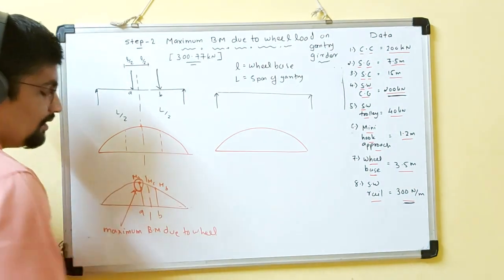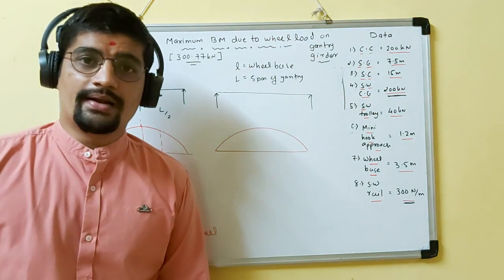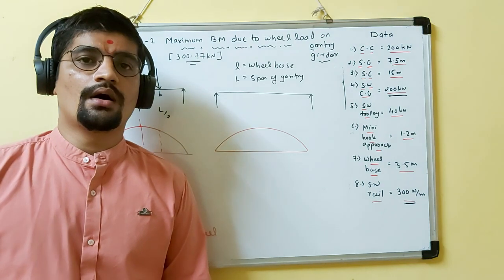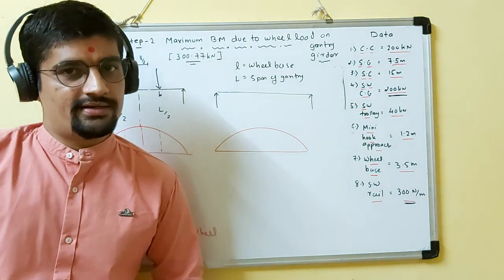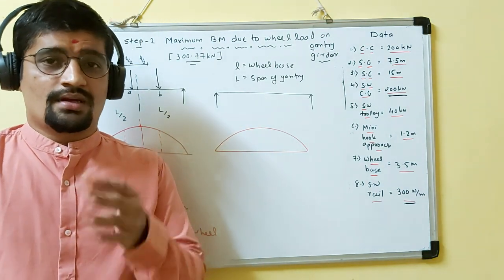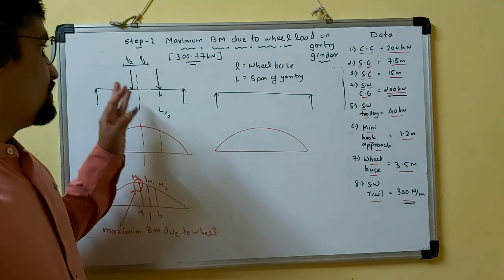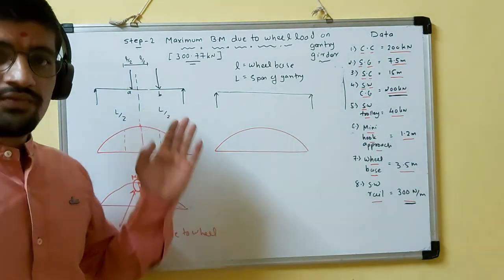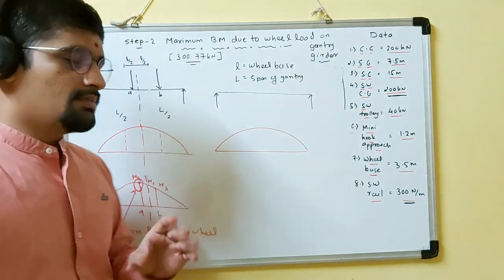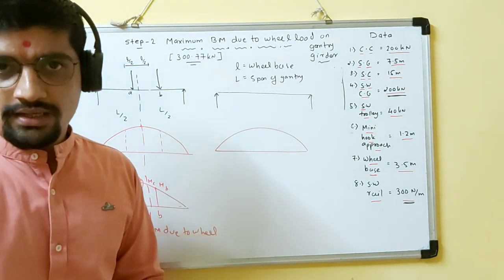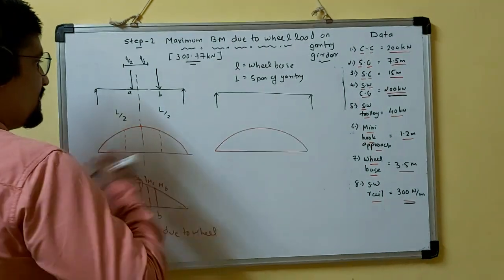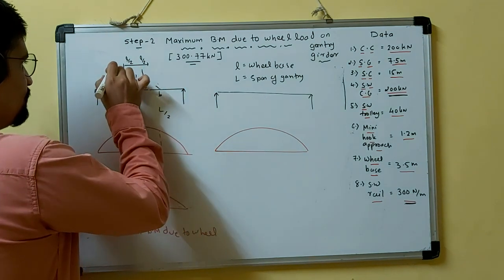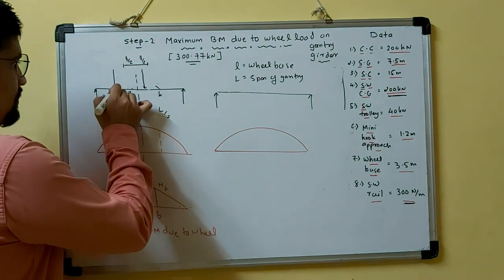So if we want the maximum bending moment due to wheel, then we need to move our wheel a little bit towards the center. We have to decide whether we want the maximum moment due to wheel A or due to wheel B. Whichever wheel you want, place it nearer to the center. If you want maximum bending moment due to B, then place B nearer to the center. A will move like this, A here and B here.